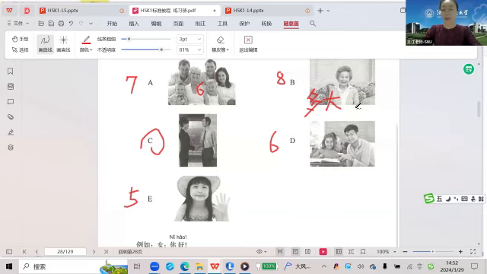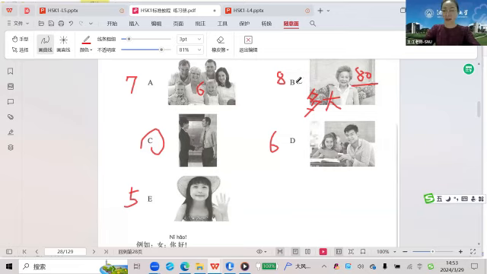B. 我今年80岁了。I am 80 years old this year. I think the old woman is just around 80 years old. So picture B matches dialogue 8.